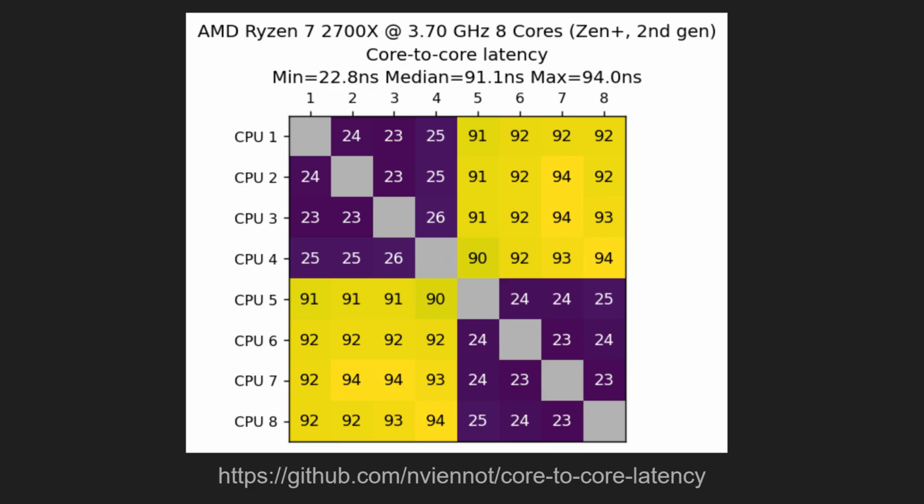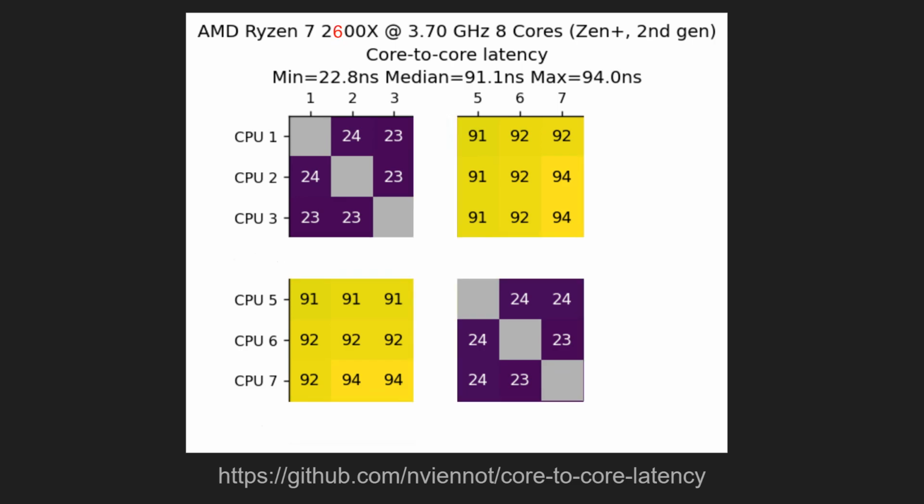So let's try and take a look at some benchmarks that other people have collected on my processor. Well, technically not my processor, it's the 2700X, because I have just a cut-down version of that. So let's just scratch out a couple of these rows and columns and pretend that that's actually my processor.